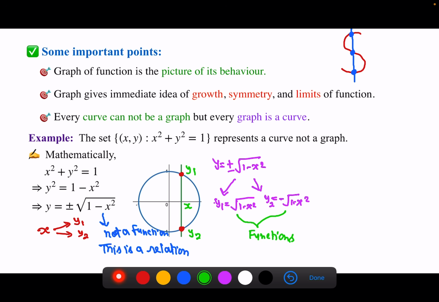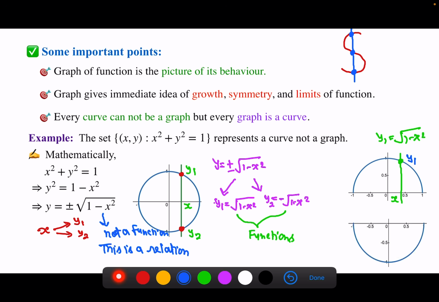If we draw the curves corresponding to these two functions, then we see one curve is y1 equal to root 1 minus x square. We can apply the vertical line test here also. If we draw a vertical line, it cuts at 1 point, which means corresponding to any x value, we are getting one value. For the other function, the curve is this one.